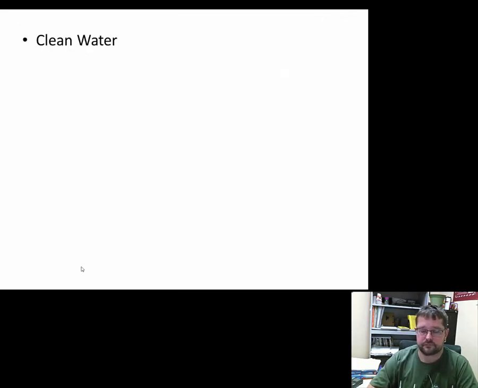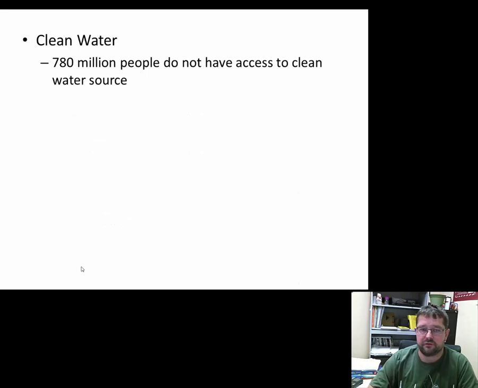Clean water. Another world issue that we're dealing with. About 780 million people do not have any access to clean water. The water that they have access to is not palatable unless they do something about it. So, boil it, then strain it, and maybe boil it again.